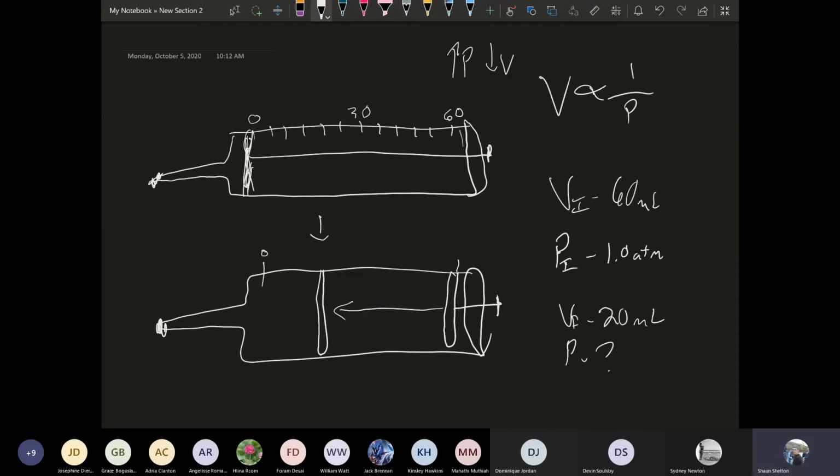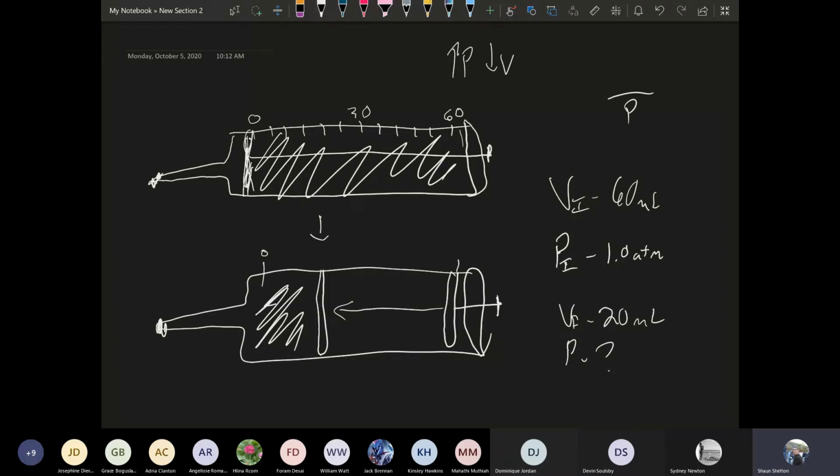We know the pressure is going to go up, but the question is, how high is that pressure going to be? In order to answer that question, we have to have an equation.